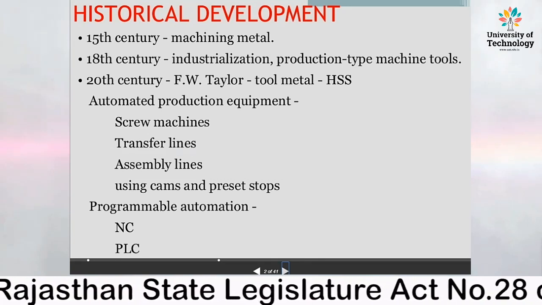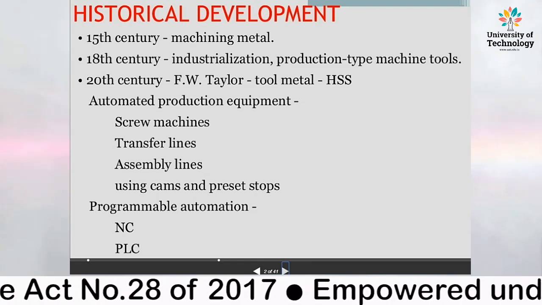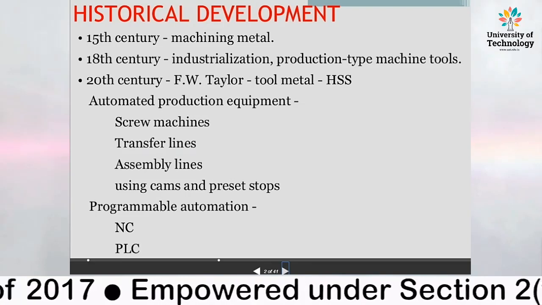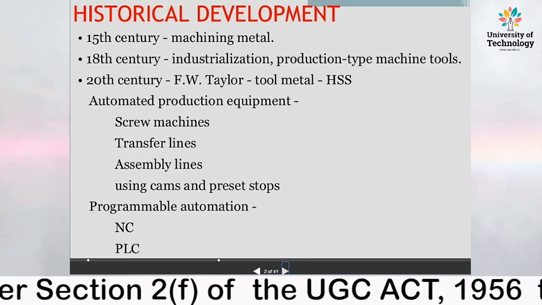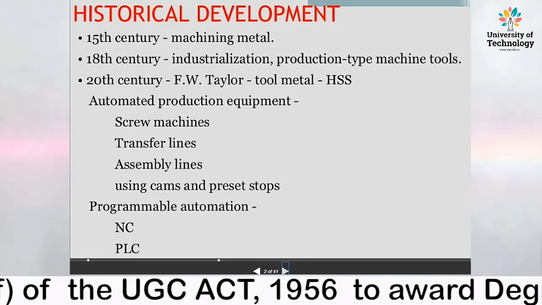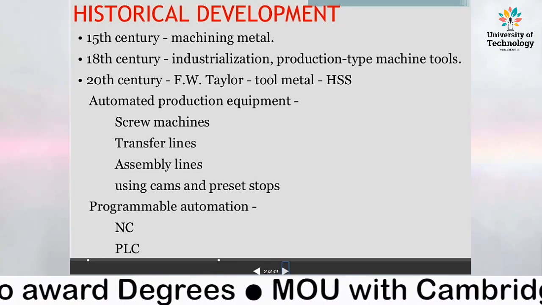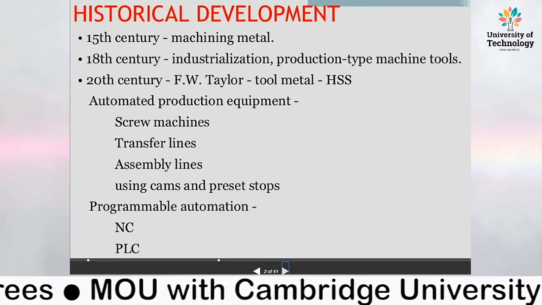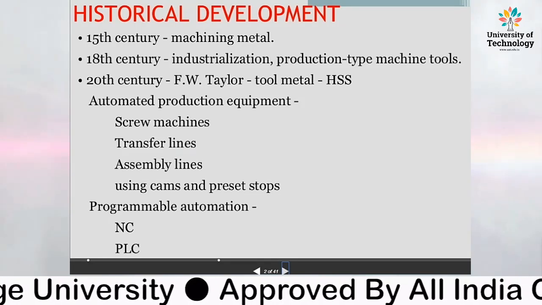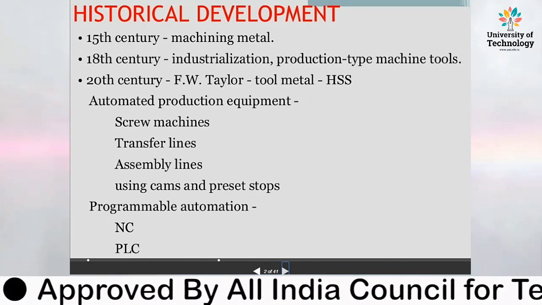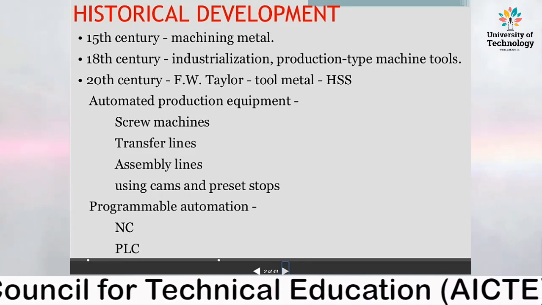In the 15th century, in the initial stage of these systems, there was machining of metal. In the 18th century, with industrialization, production type machine tools were generated. In the 20th century, F.W. Taylor innovated tool metal, high speed steel, and automated production equipment.